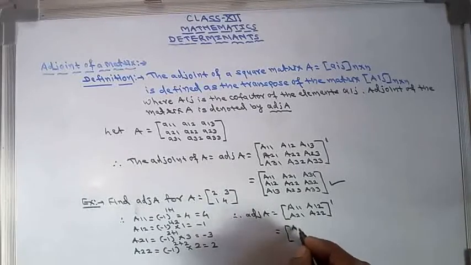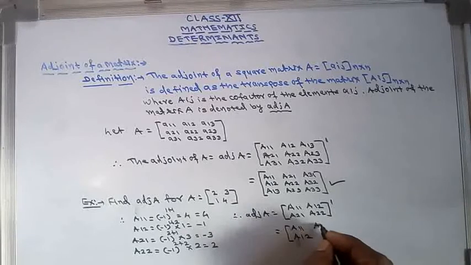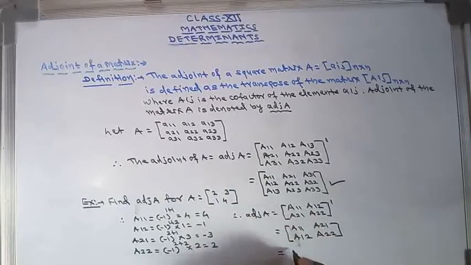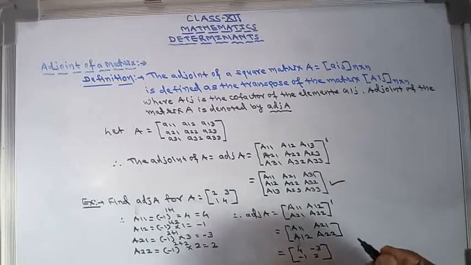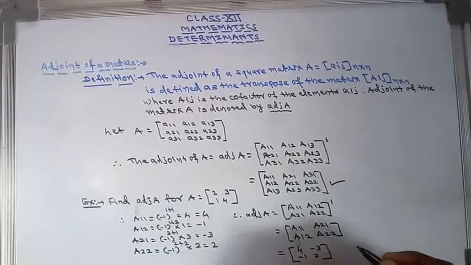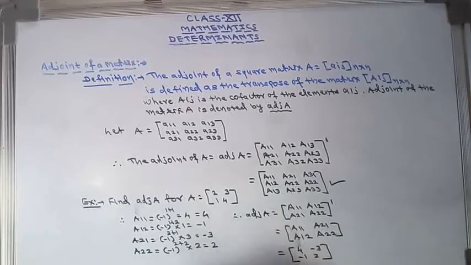It will be A11, A21, A12, A22. So that is equals to A11, that is 4, A21, that is -3, then A12 is -1 and A22 is 2. So students, this will be your adjoint of the given matrix.